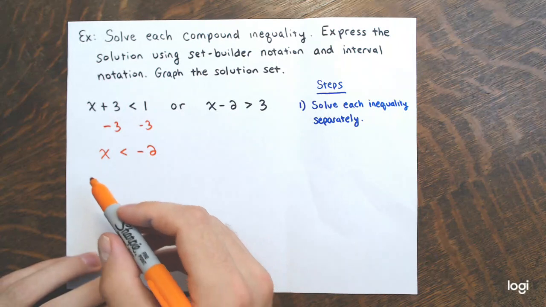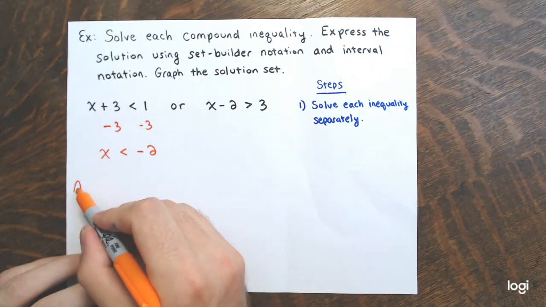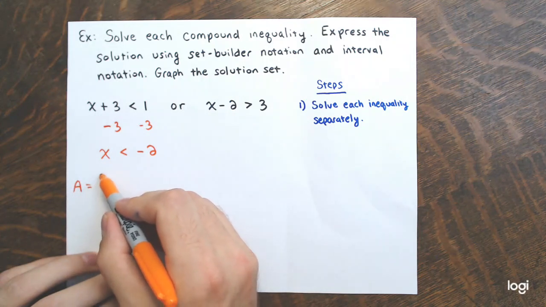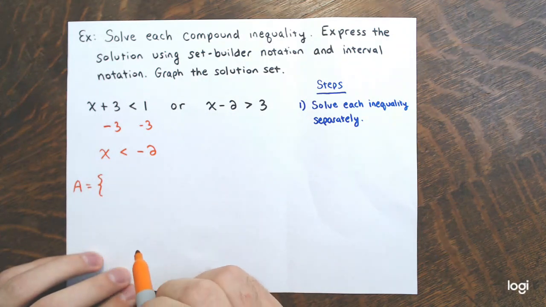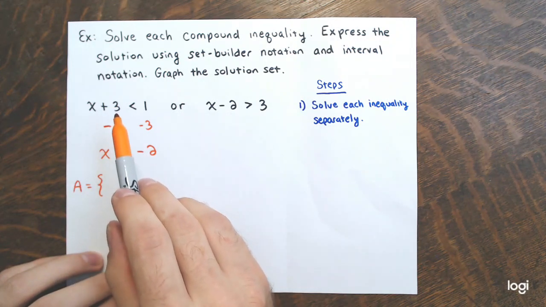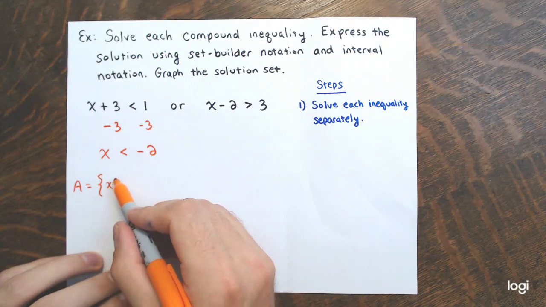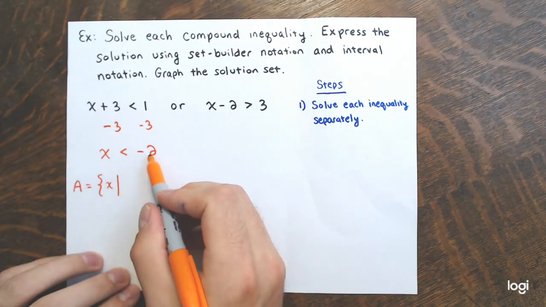Now I'm going to call the solution set of the first inequality set A. You can call it whatever you want. Set A is the solution set of this first inequality, and it's all values of x that are less than negative 2.